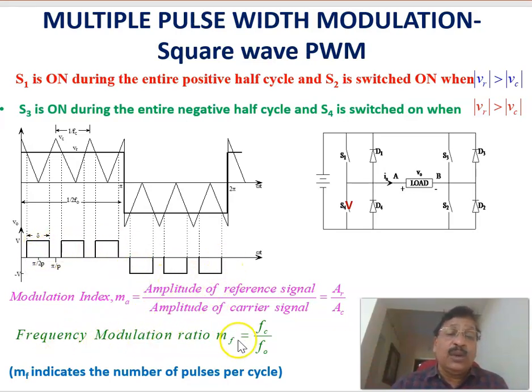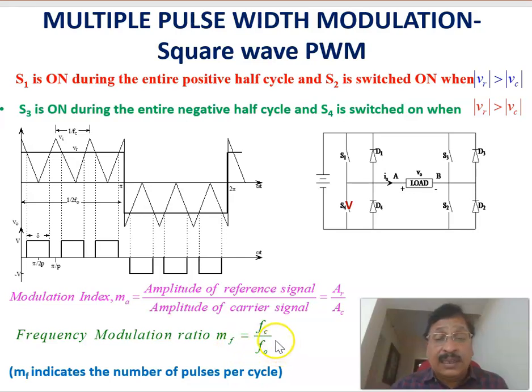And similarly, frequency modulation MF is the ratio of the frequency of the carrier signal to the frequency of the reference signal. That ratio we call the frequency modulation ratio or frequency modulation index, MF.